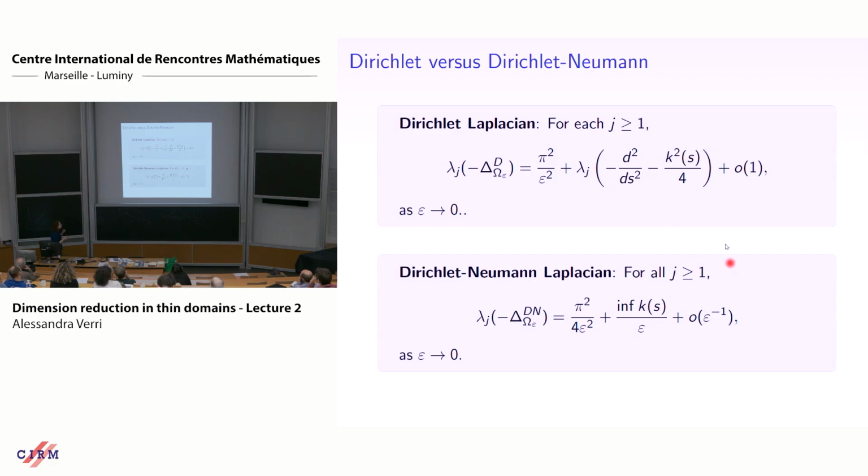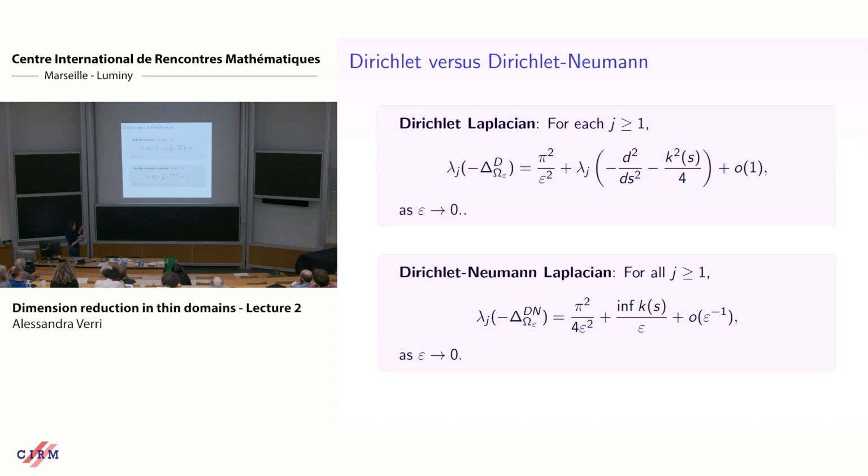For the Dirichlet-Neumann case, we need the curvature to assume a negative value, and then we can create discrete eigenvalues. So this is the difference between these two models.